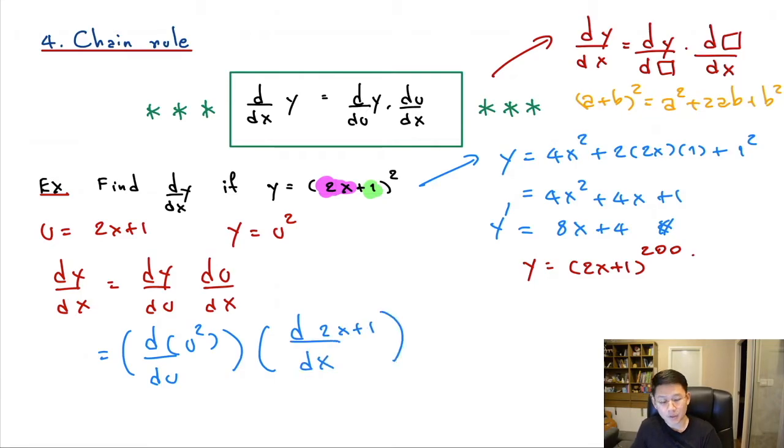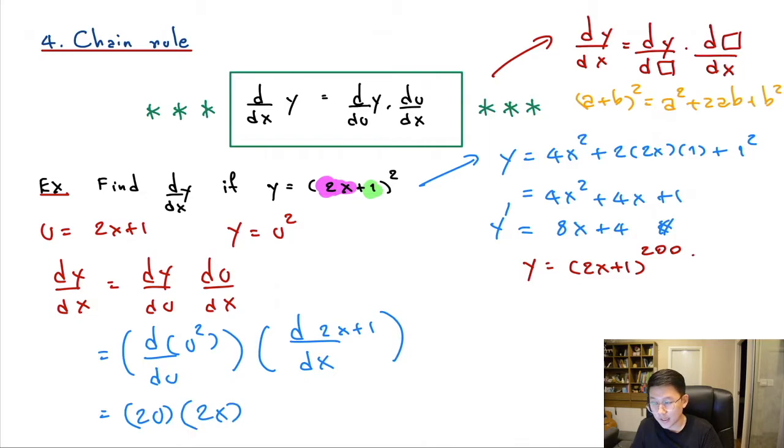Okay. So here is d of u squared by du. You can look at that as a small x or the big X, it's up to you. So d of u squared by du, that will be 2u, isn't it? It's 2u. And d of 2x plus 1 by dx is 2x.